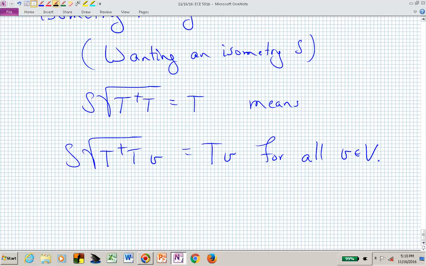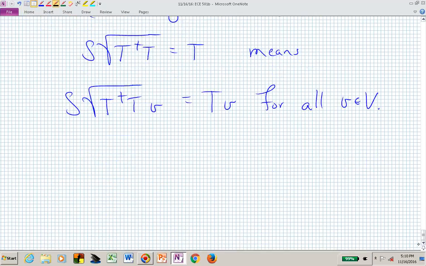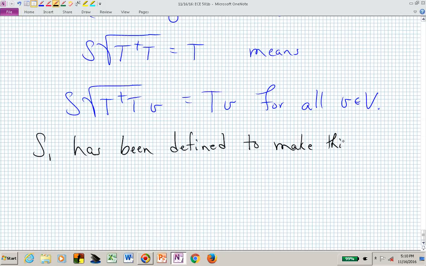And what we have done in this definition of S1 is we've defined S1 to do just that. S1 has been defined to make this true.